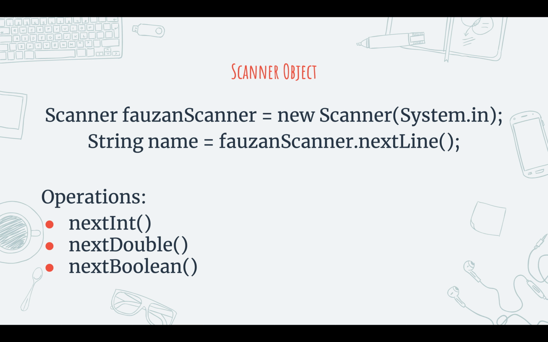And then when I want to use an operation such as getting an integer, getting a double, getting a Boolean value, or getting a string value through nextLine, I have these operations with the parentheses to emphasize that I'm accessing one of the methods. I'm accessing an operation of the scanner object. So that allows us to use the scanner object and then actually execute an operation.